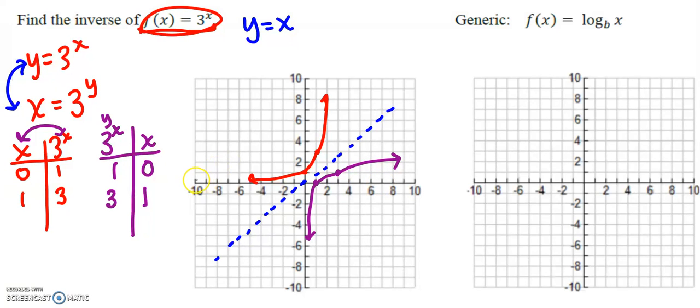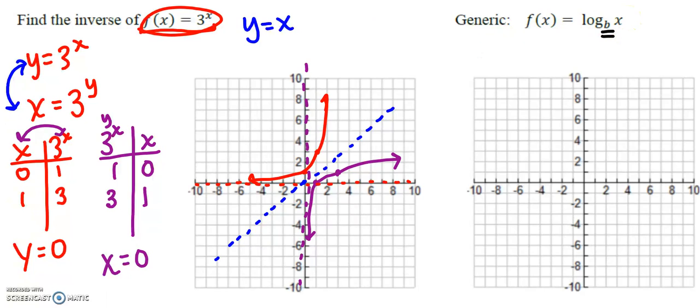Well, on the red graph, we had a horizontal asymptote at 0, which means that on the inverse graph, I'm going to change that y to be an x, and I have a vertical asymptote at x equals 0.